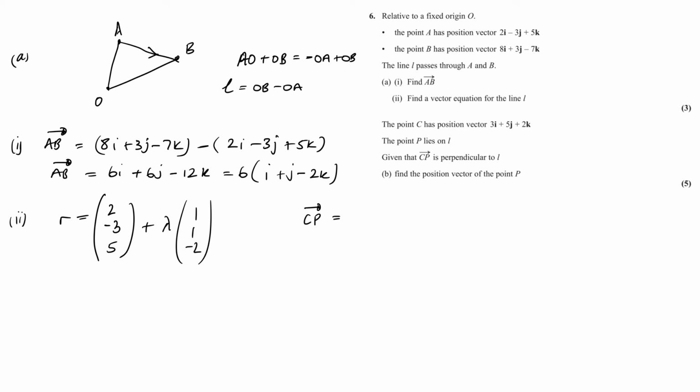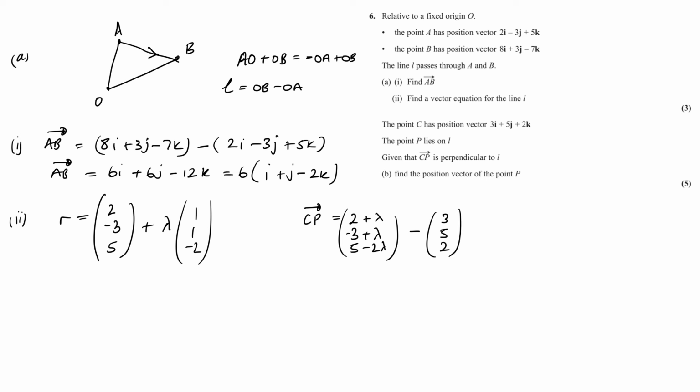Actually, let me rub that out. Let me start again. So just like when I was finding AB, I did it B minus A. So for finding C to P, I'm going to do P minus C. So let's start off with P. So P is 2 plus lambda, minus 3 plus lambda, 5 minus 2 lambda, minus, and then C would be 3, 5, and 2.